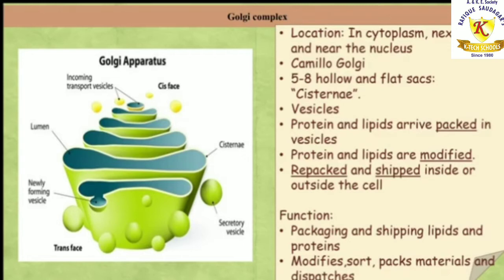It also helps in the formation of cell wall, plasma membrane and lysosome. And it dispatches them to various targets like plasma membrane, lysosome, etc. So these are the functions of Golgi complex. Are you getting me, children?